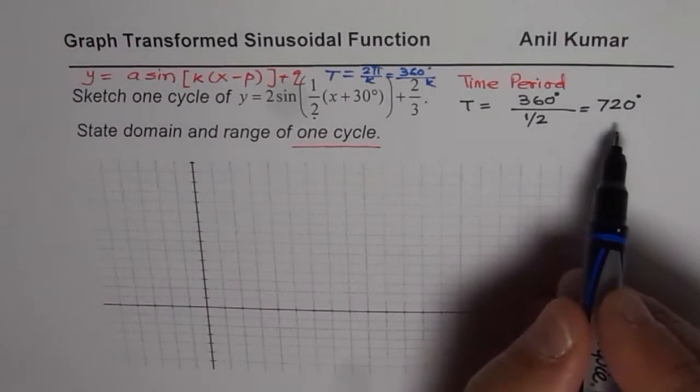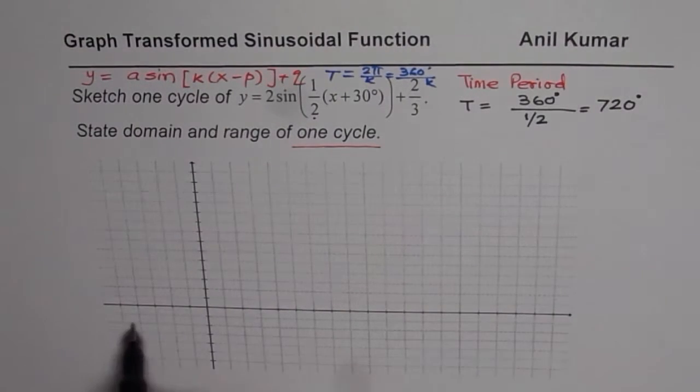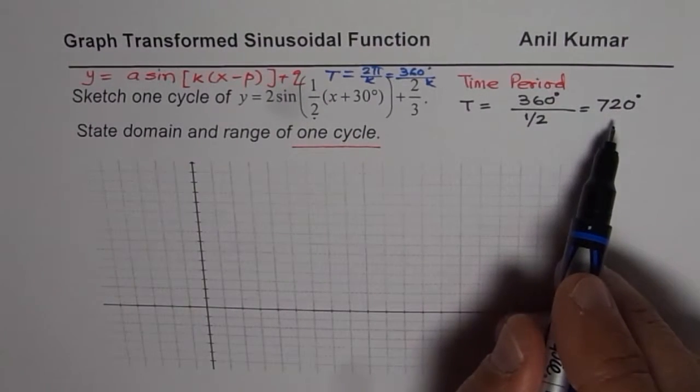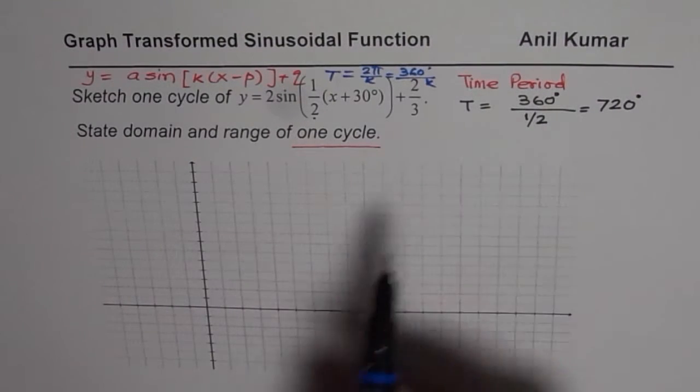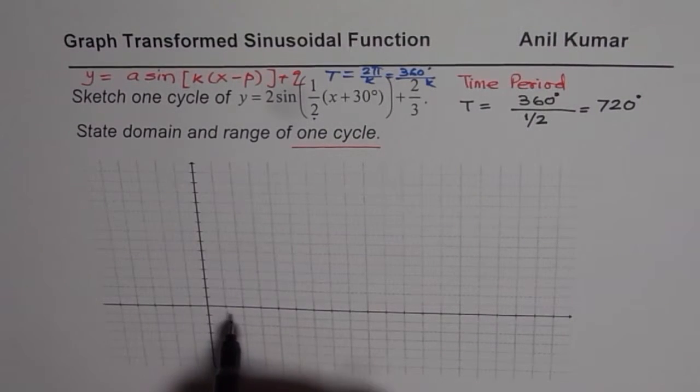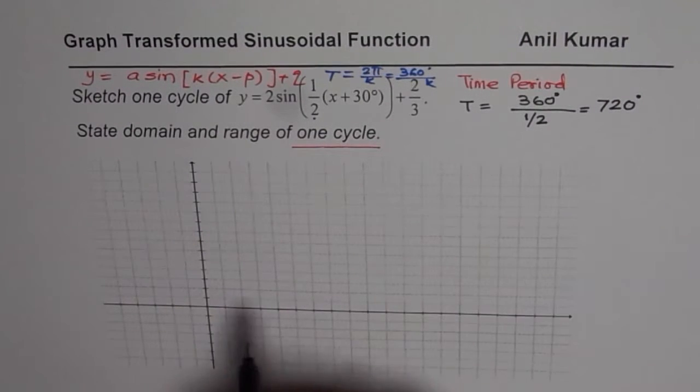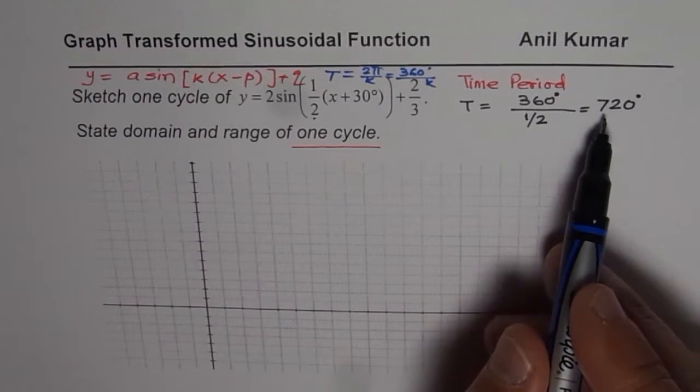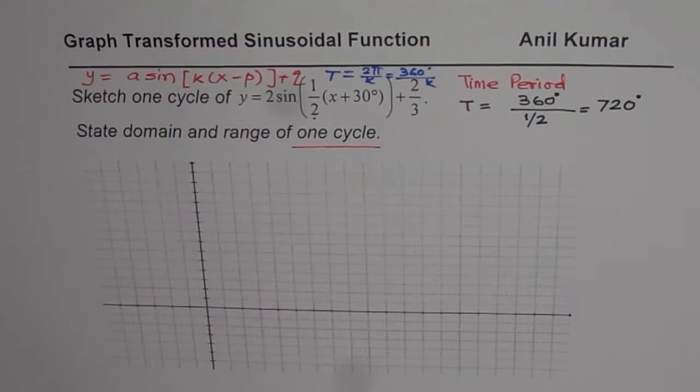Now once you find the time period, you need to divide your x-axis based on this time period. My suggestion is to divide it into quarters. Each quarter of 720 will be your quarter.